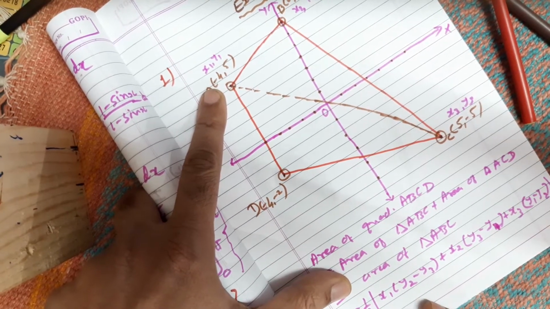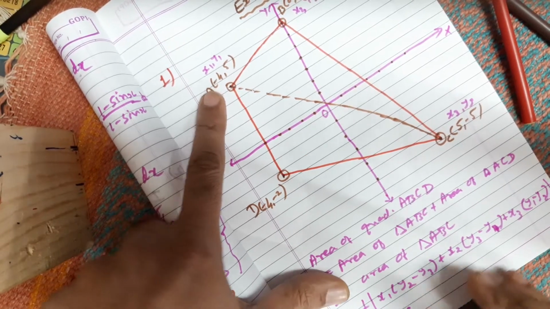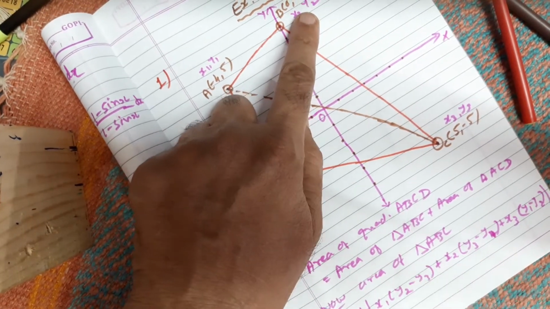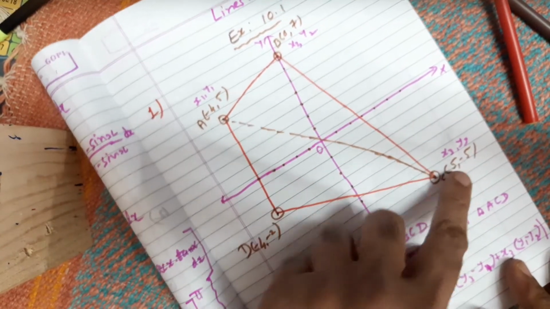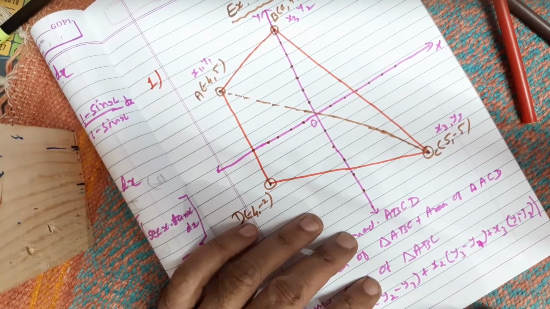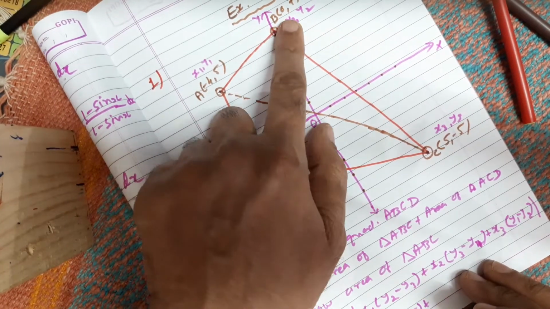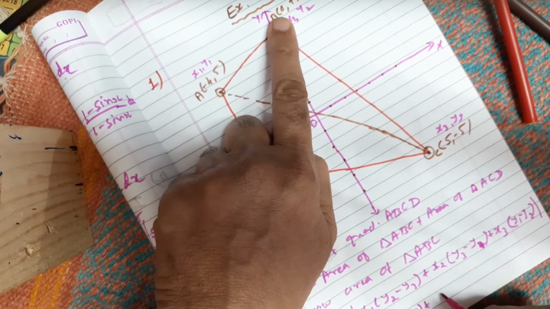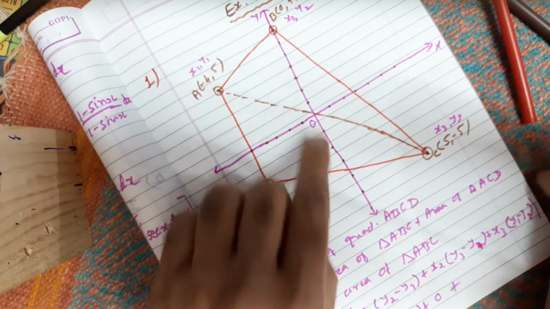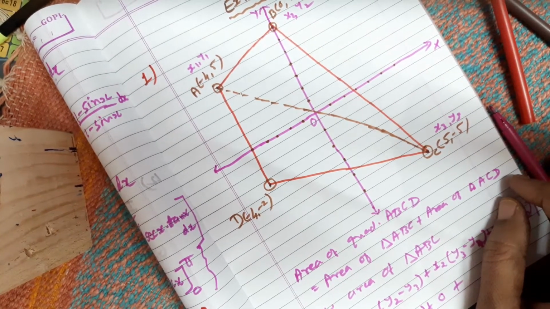So it is equal to half into modulus of minus 4 into (y2 minus y3) करेंगे. y2 is 7 and y3 is 5. So 7 minus 5, plus x2. x2 is 0. See, तो ये वाली जो टर्म है वो पूरी निकल गई 0. No need to write the bracket because it is already 0.